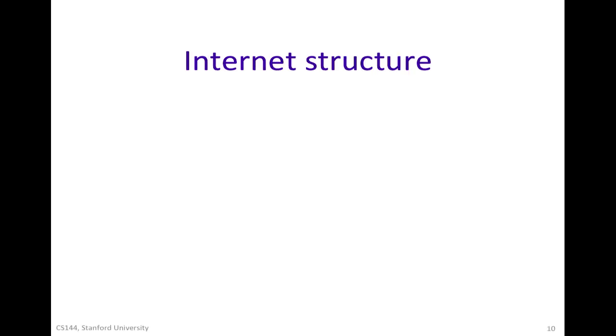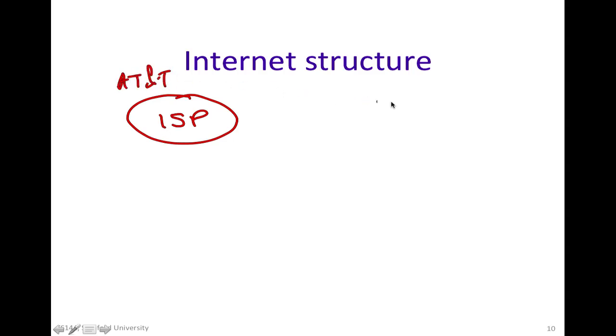Finally, I want to just tell you a little bit about the structure of the internet as we've seen it so far. So first, at the top level, there are what we would all recognize as internet service providers. They might be companies like AT&T. In Japan, it might be NTT.